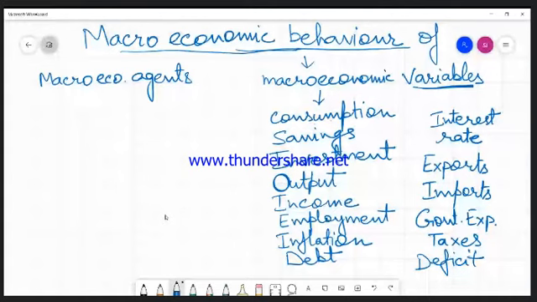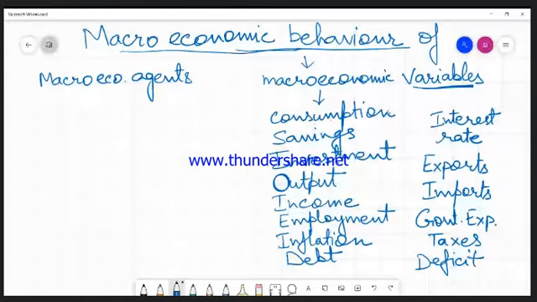Okay, so these are few of the most important economic variables which we will be talking about in your macroeconomics. We'll understand gradually what we mean by all of these individually, but these are the macroeconomic variables.